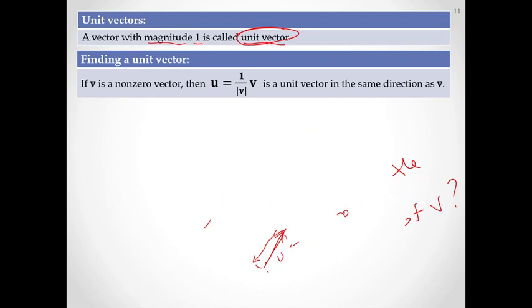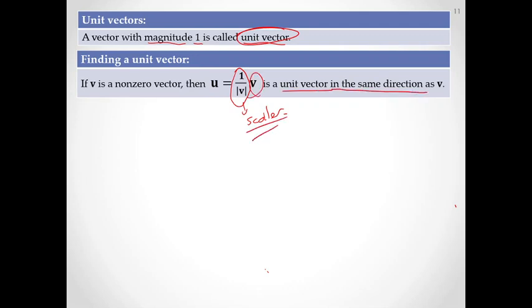This formula is telling you the answer. It says if v is a non-zero vector, then you can directly do this calculation. Calculate 1 over the absolute value of v. This is a scalar, just a number. Multiply with v, and it will be a unit vector in the same direction as v.